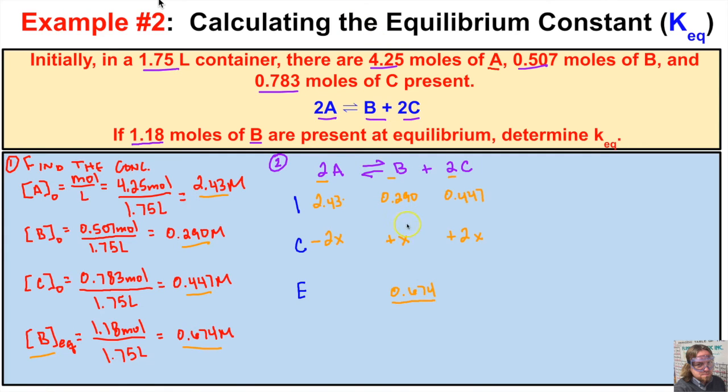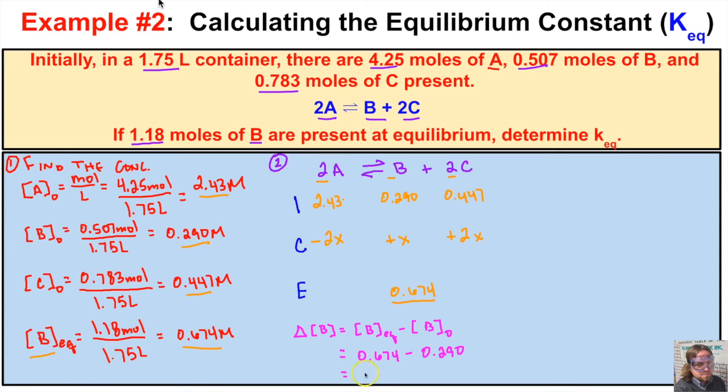To get the change in the concentration of B, we need to take the equilibrium concentration of B minus the initial concentration of B. The equilibrium concentration of B is 0.674. The initial concentration of B is 0.290.